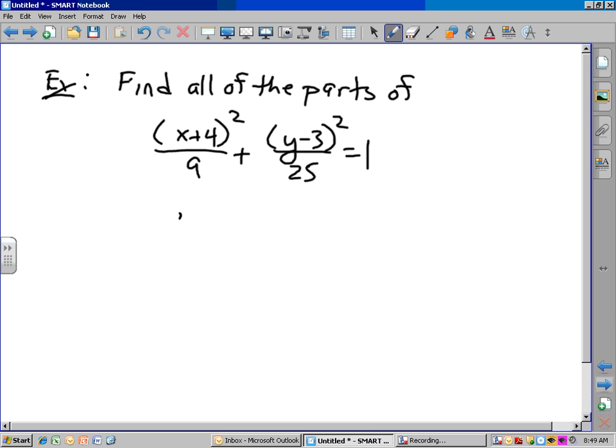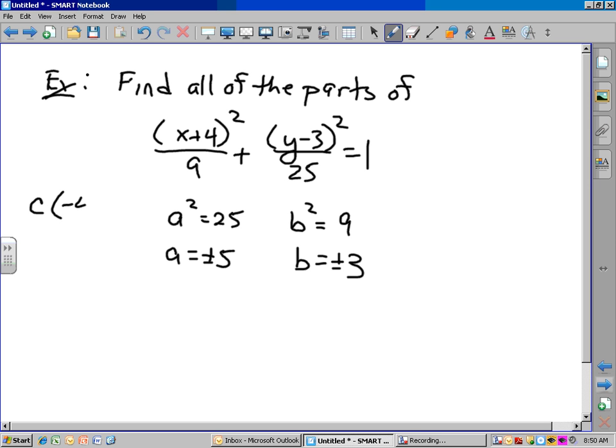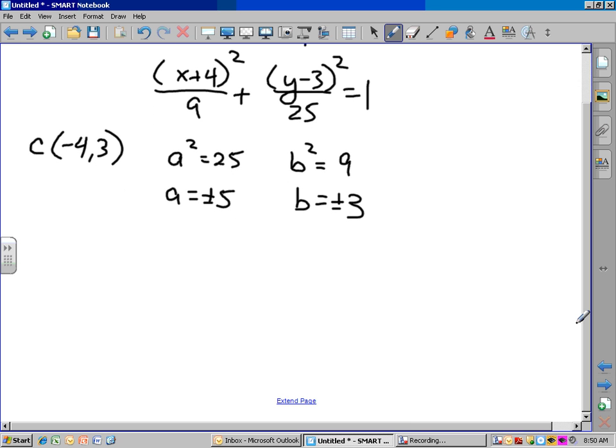All right, we need to determine immediately what's a squared and what's b squared. A squared is always the bigger number, in this case 25. So a equals plus or minus 5. B squared is 9, so b equals plus or minus 3. What's the center? Negative 4, 3. Okay, so a combination of the center and A and B, we should be able to get the vertices.